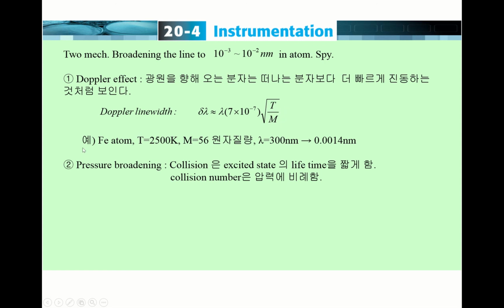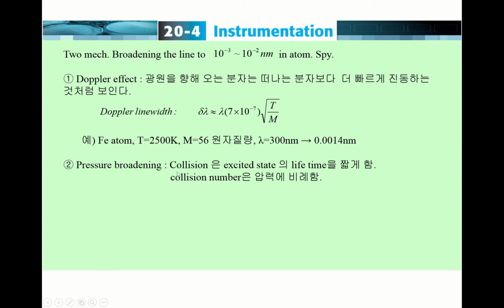For example, for iron atom at 2500 Kelvin, and the atomic mass of iron is 56, if lambda equals 300 nanometers, the line width delta lambda is 0.0014 nanometers. Still okay, very narrow.